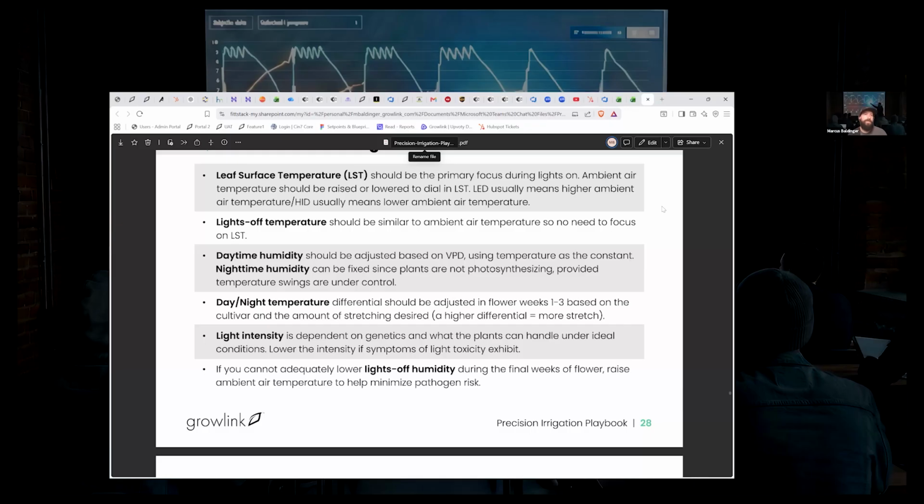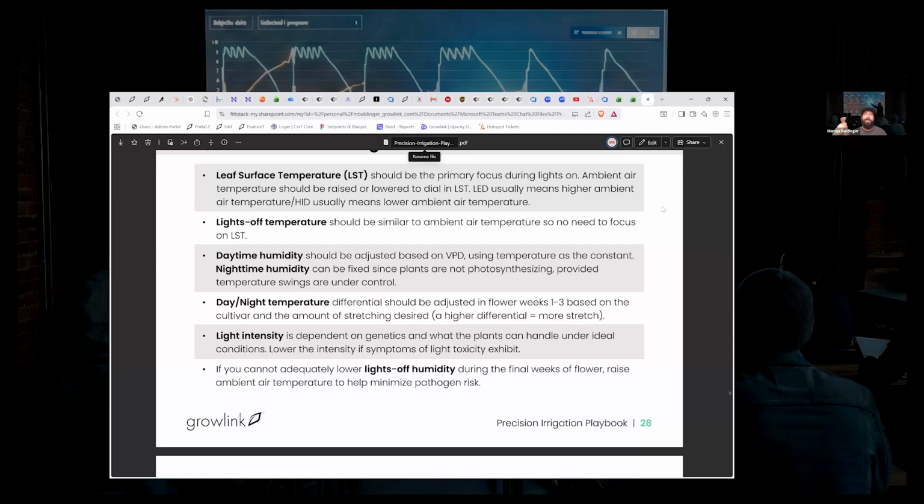And the way we do things to make it simple, and in my opinion how it should be, is we use temperature as our constant. So when it comes to creating that VPD calculation, temperature is the thing that doesn't change, unless we're changing it. Let's just say I want to adjust my VPD from 1.1 to 1. I'm not going to do so by adjusting my temperature typically.